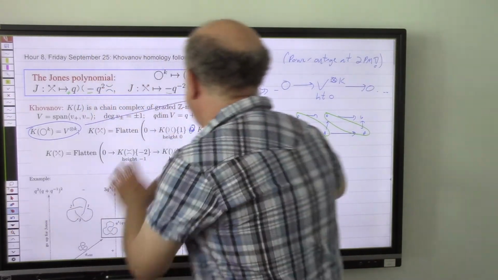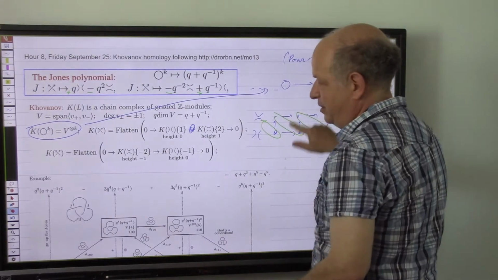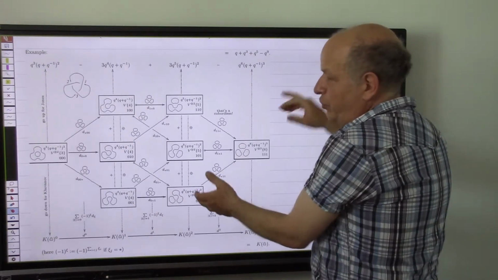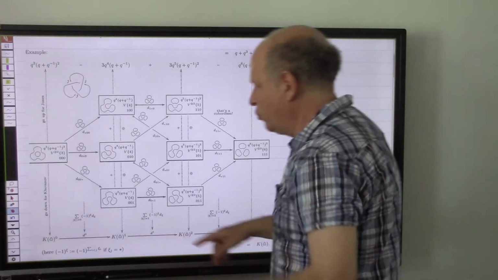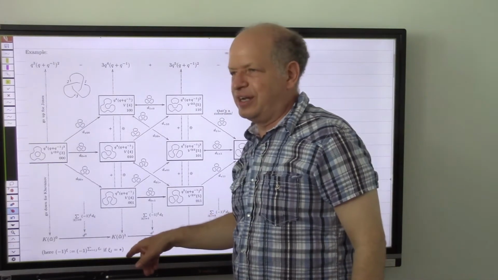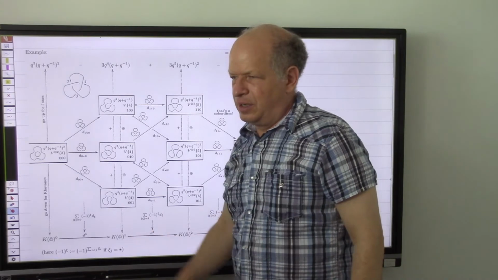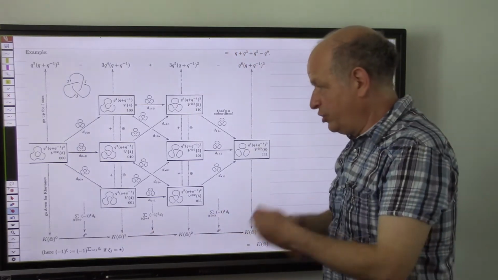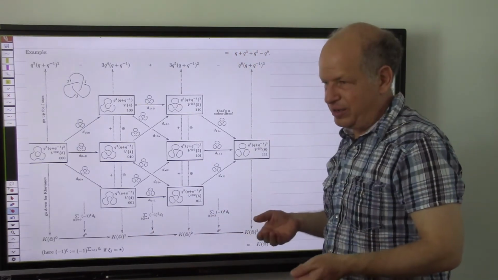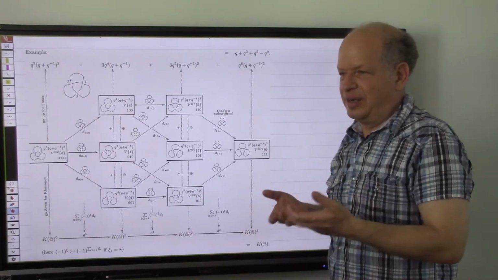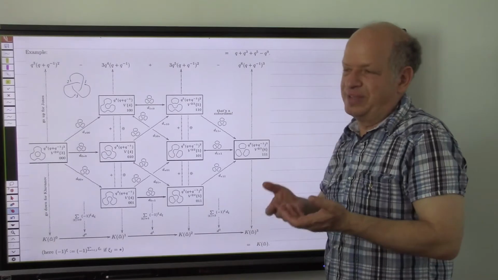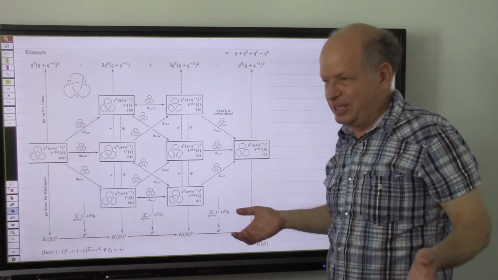Maybe the summary is too condensed, but we did go through the example in detail. I actually still owe you a discussion of the signs. So I told you what the signs are, but I didn't quite explain why it works.